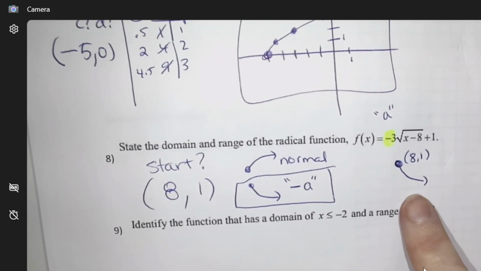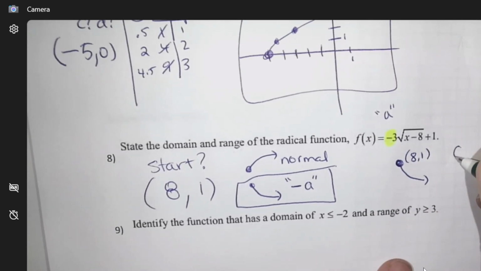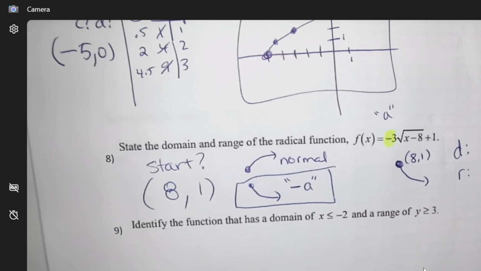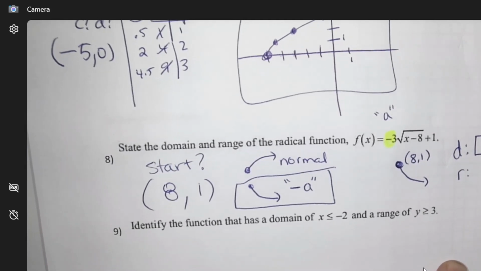Okay, so that's what's happening. We knew the start point and we figured out the direction. So there we go. Now we need to write. So domain, I'm heading from 8 to the right.